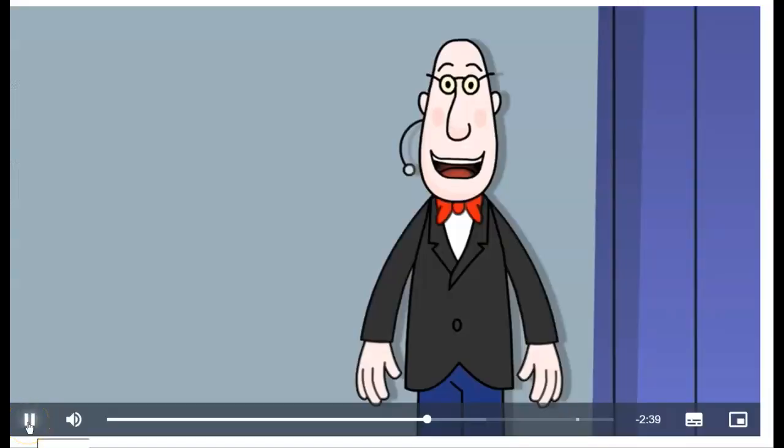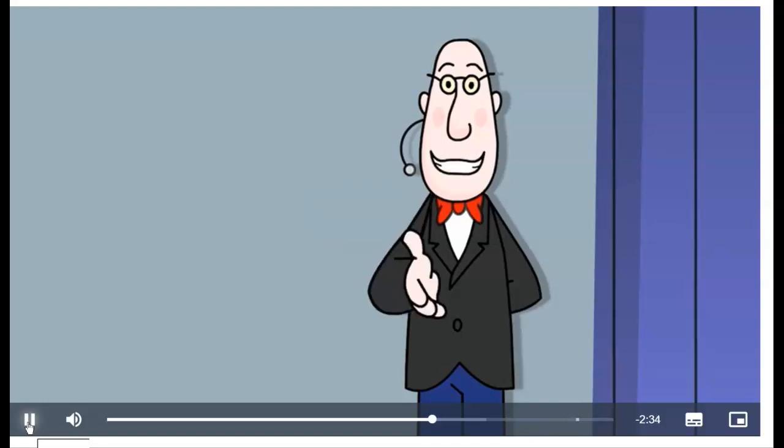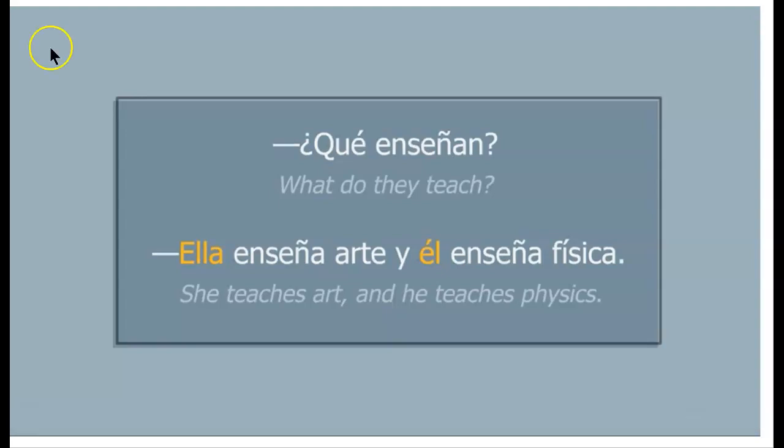Spanish speakers often leave out subject pronouns because the verb endings indicate who the subject is. Subject pronouns are used for emphasis, clarification, or contrast. ¿Qué enseñan? Ella enseña arte y él enseña física.